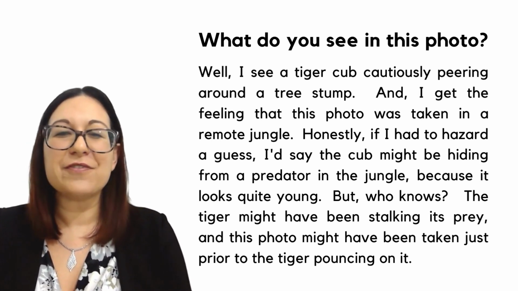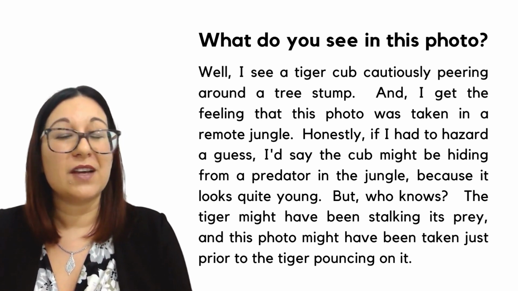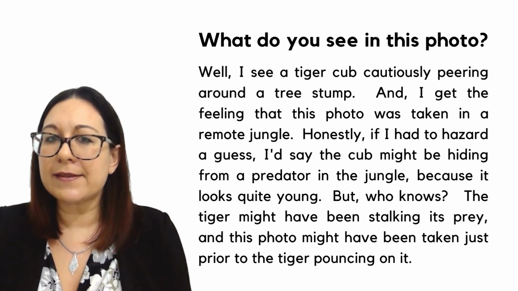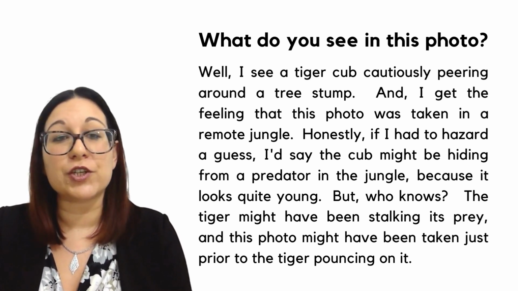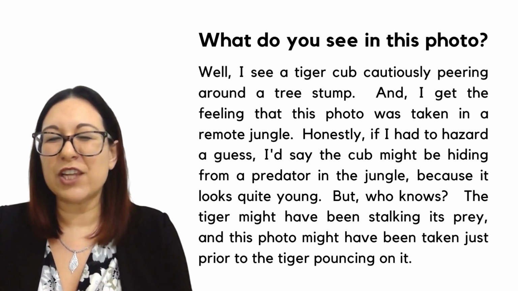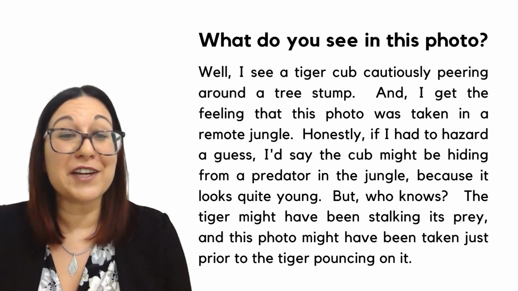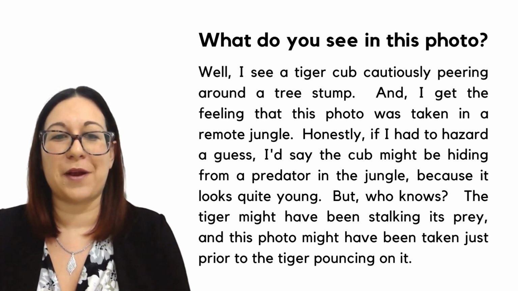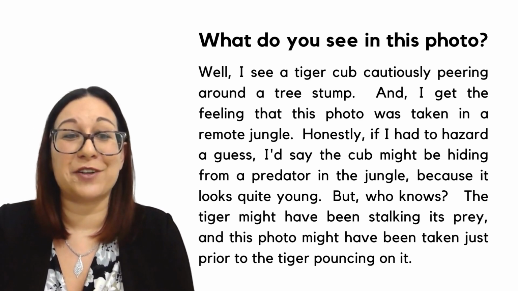And I get the feeling that this photo was taken in a remote jungle. Honestly, if I had to hazard a guess, I'd say the cub might be hiding from a predator in the jungle because it looks quite young. But who knows? The tiger might have been stalking its prey, and this photo might have been taken just prior to the tiger pouncing on it.